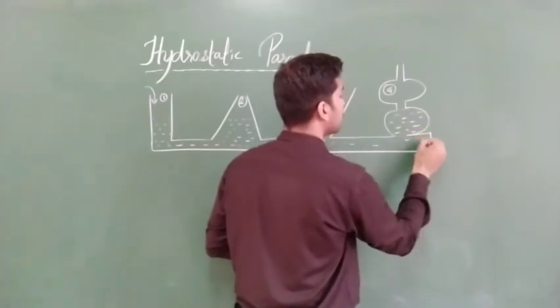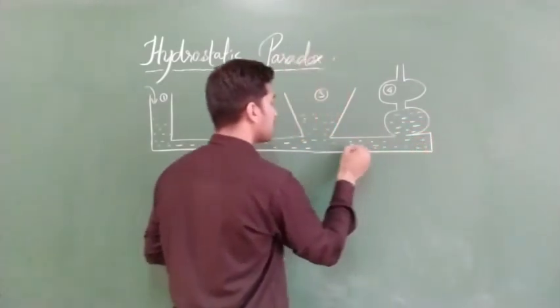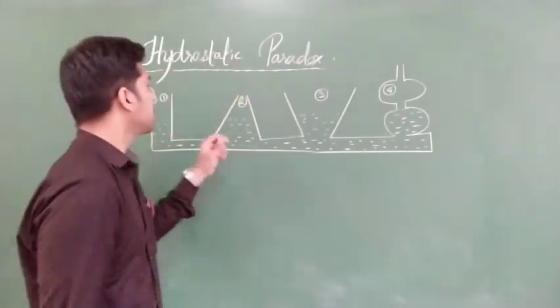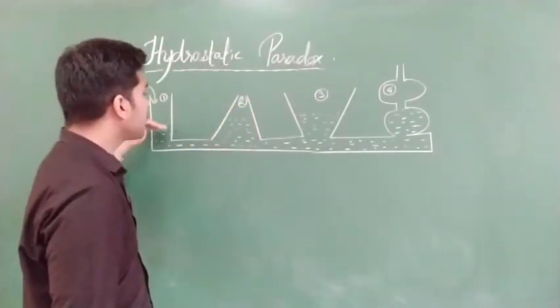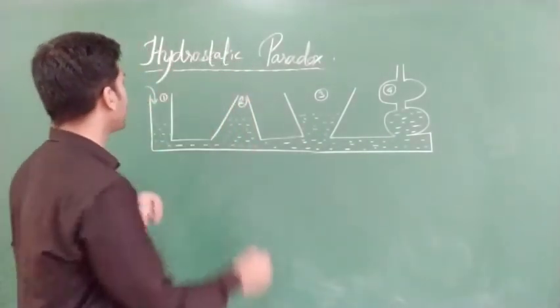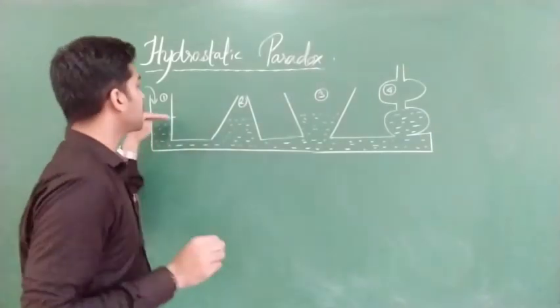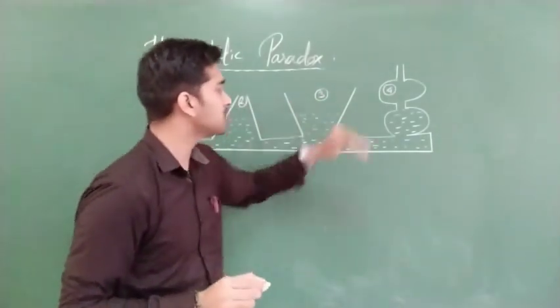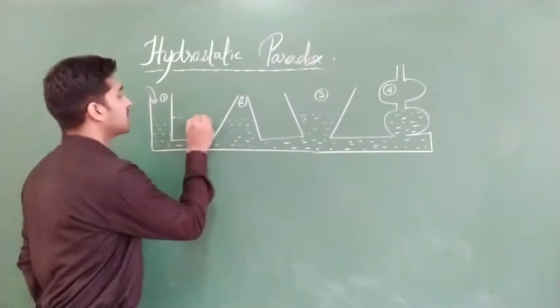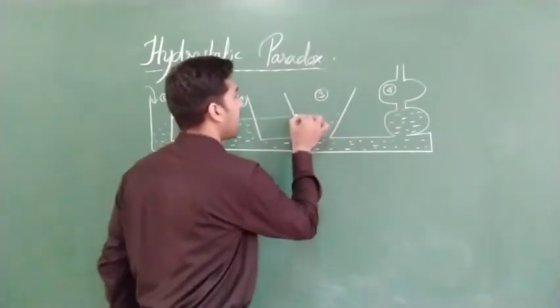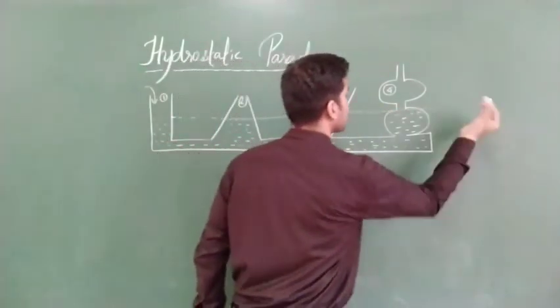In no vessel will the water level differ, because these are all connected. As soon as I stop at this point, on the same horizontal line, the water level will stop, correct? I hope you are getting this point.